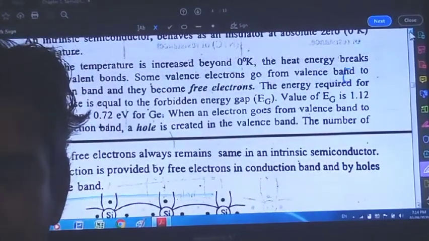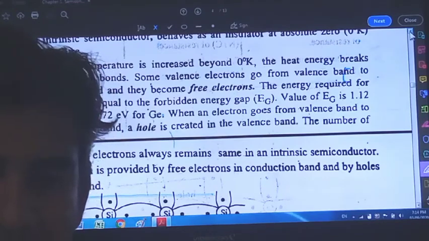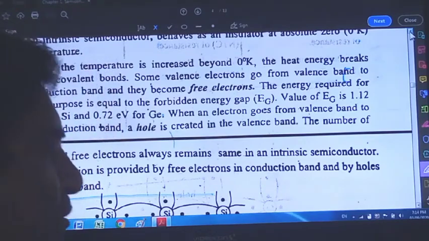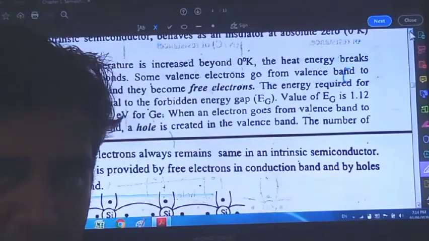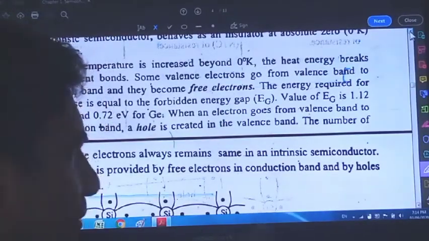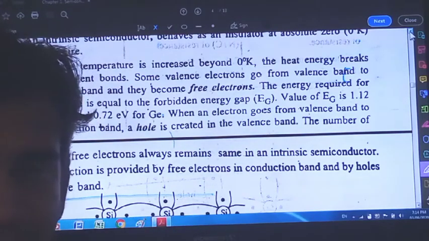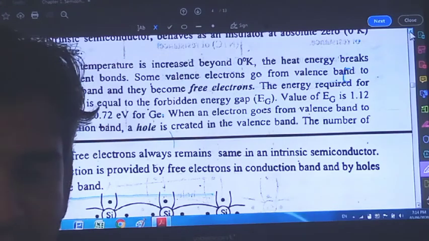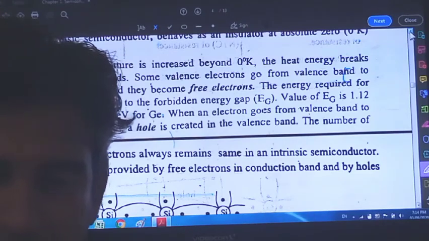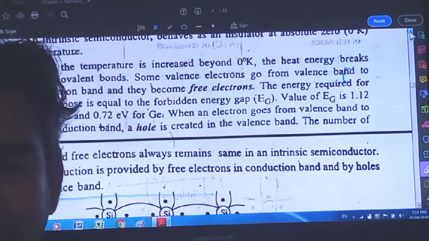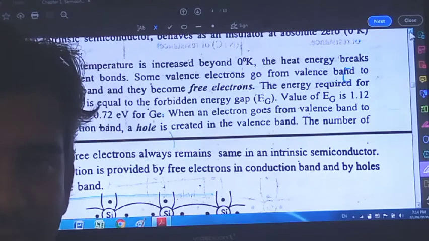Above 0 degree Kelvin, the heat energy breaks the covalent bond. As soon as the covalent bond breaks, the valence electrons go from the valence band to the conduction band.